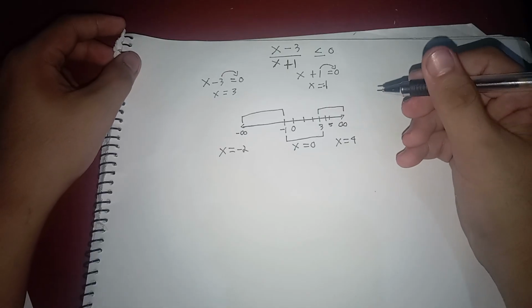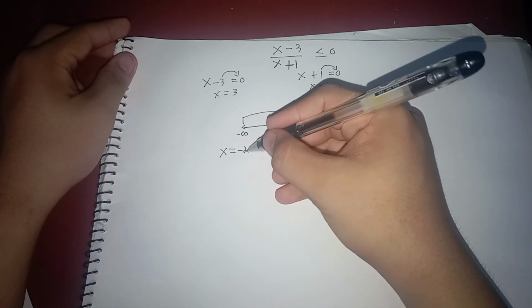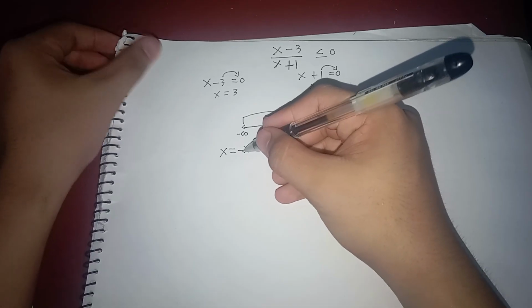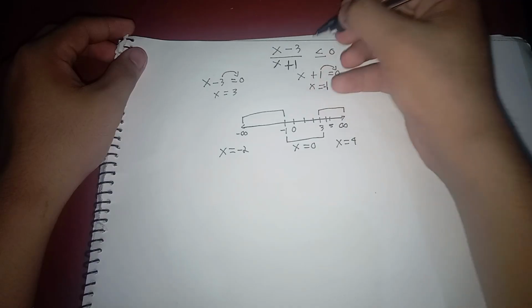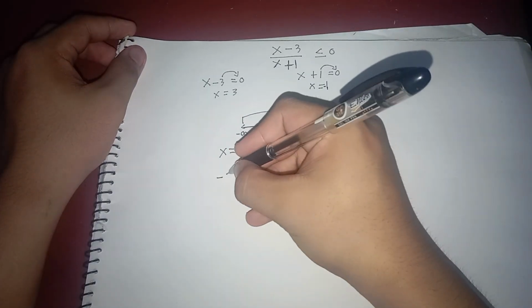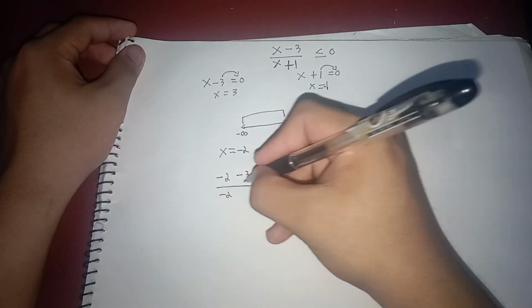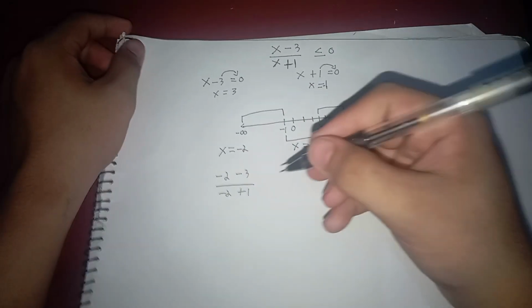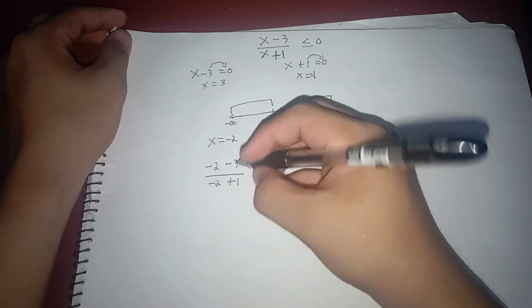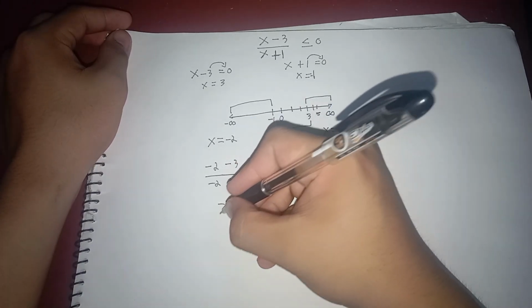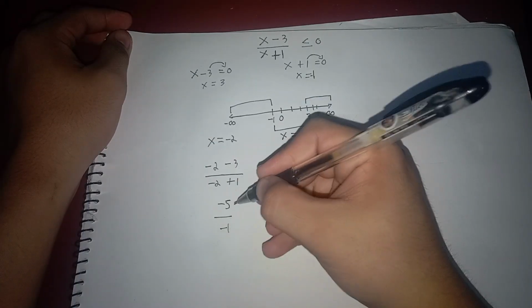Now that we've chosen the numbers, we're gonna take the negative 2 and substitute it to the x of the function. So negative 2 minus 3 over negative 2 plus 1. Solve it: negative 2 minus 3 is negative 5, over negative 2 plus 1 is negative 1.